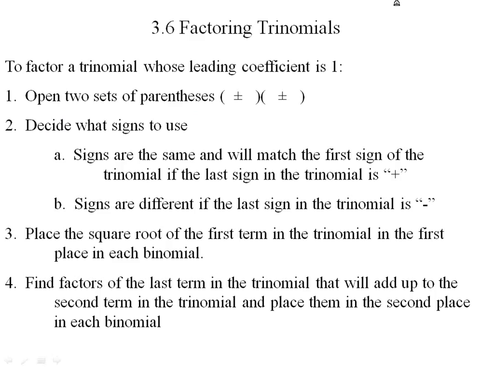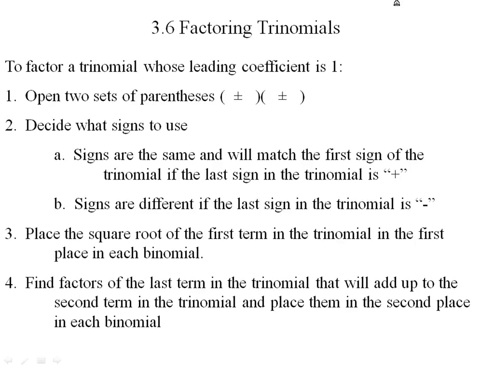All right, so let's talk about trinomials. Now remember, when we talk about trinomials, you have two options. Either one, your leading coefficient, the first number you come to, your squared term, is 1, or your leading coefficient is not 1. And you factor these differently, okay?